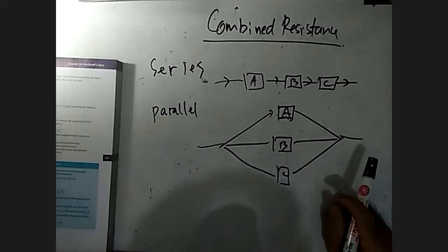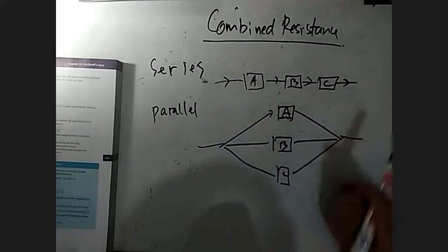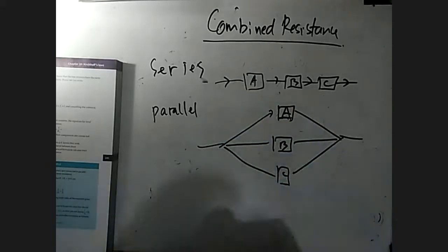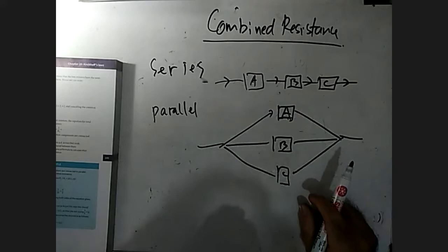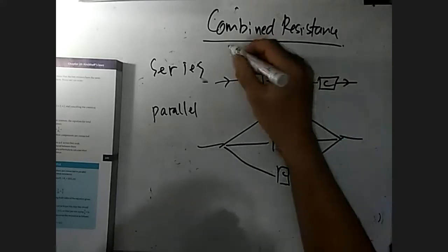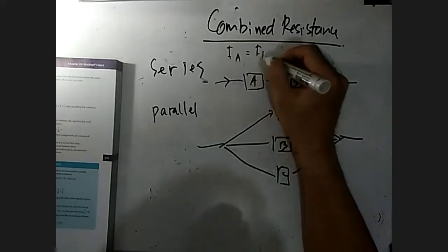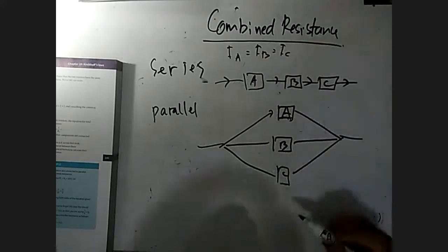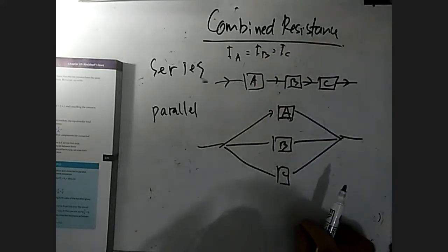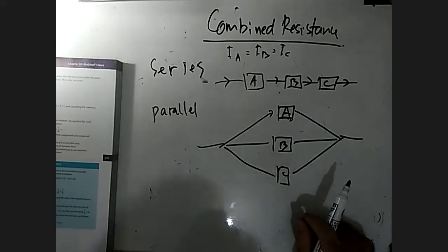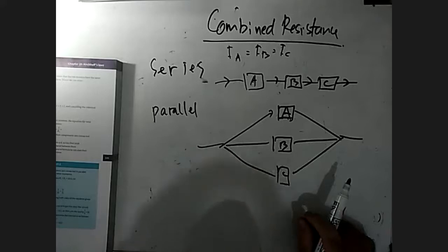Now, what is special in the series position? In the series position, because of Kirchhoff's first law, we have the current in A the same as the current in B, the same as the current in C. But what about the voltage? What about the potential difference?